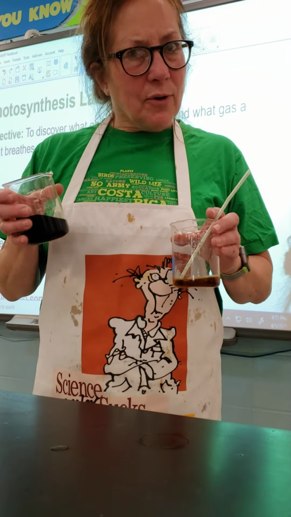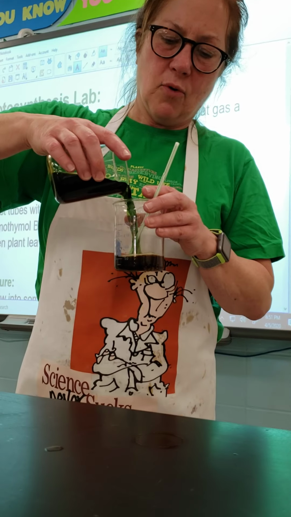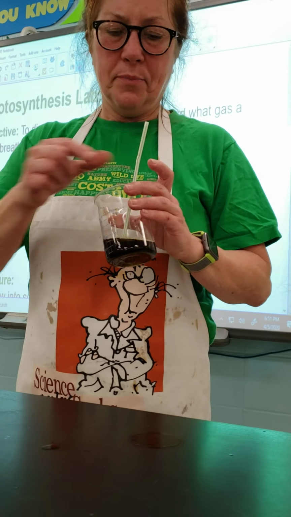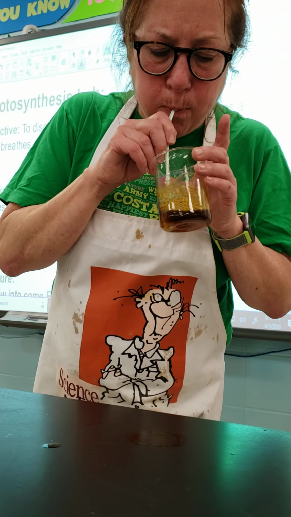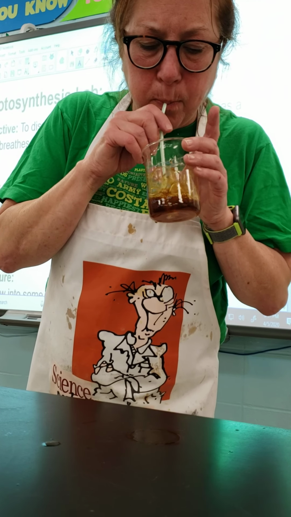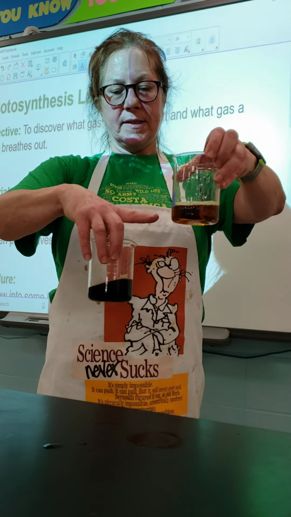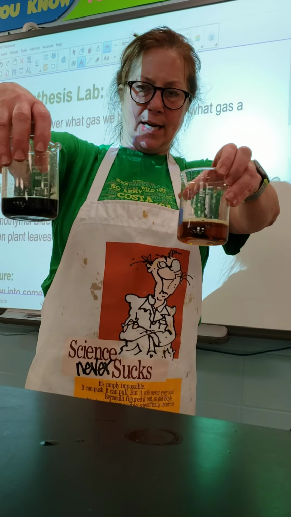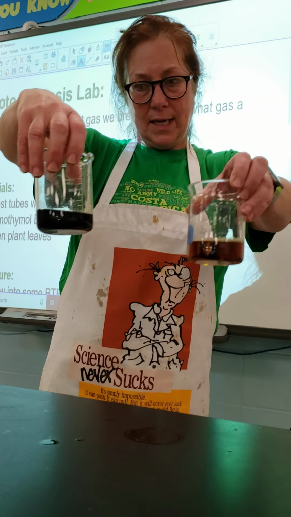Okay, now we're going to see what color it turns if we put a plant in it. Let me make some more yellow BTB. Okay, so I have some BTB that's yellow, so that one's got carbon dioxide in it, and then I've got BTB that's bluish green, so this one has oxygen in it.